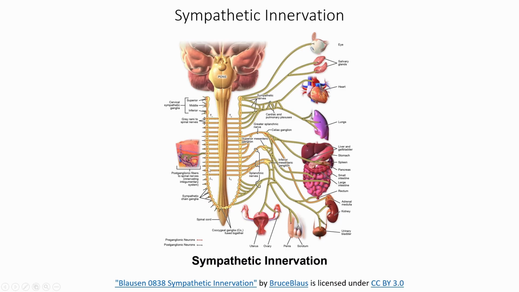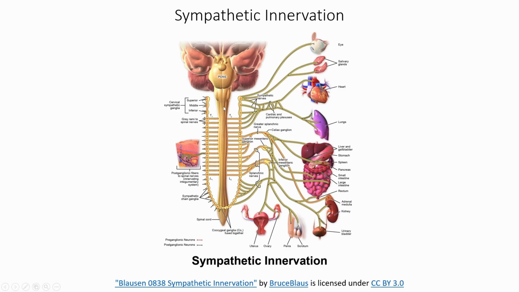This is the sympathetic chain ganglia, because you see all these ganglia are chained together, and you see those preganglionic neurons are relatively short. They're not super long. It's the ganglionic neurons that are very long, right? So we see that they come off of those ganglia and they have to extend out all the way to that body part.